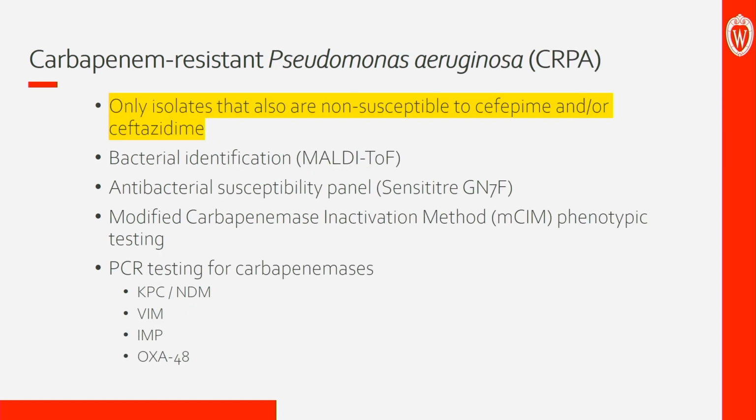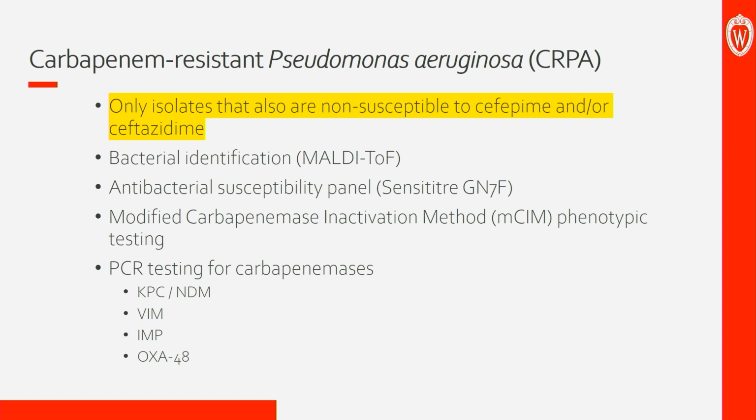For Pseudomonas aeruginosa, the testing is pretty much the same, except we only request isolates that are also non-susceptible to cefepime and/or ceftazidime. At one point early on, CDC did a study looking at all of the Pseudomonas that we had tested with the AR Lab Network and established that those isolates that had carbapenemase were most likely to also be resistant or non-susceptible to these drugs.